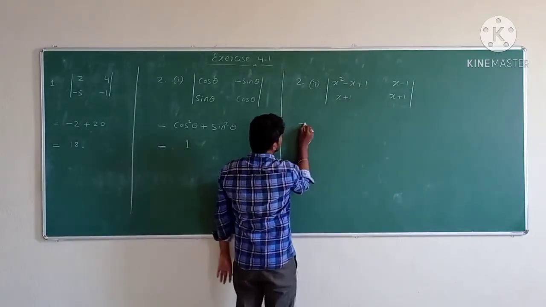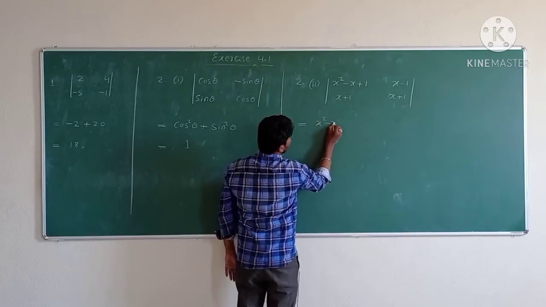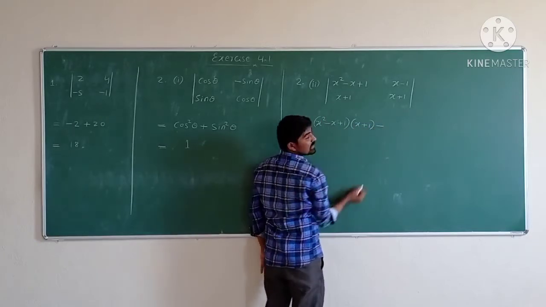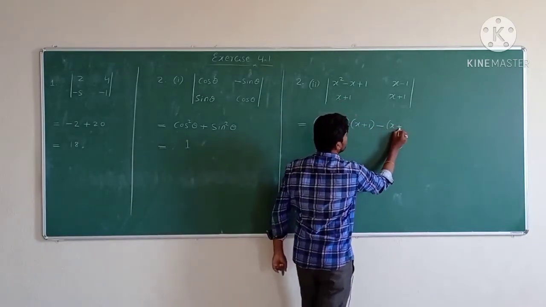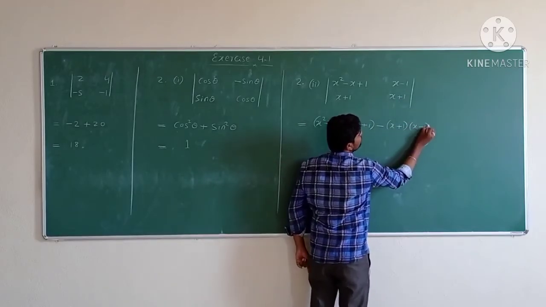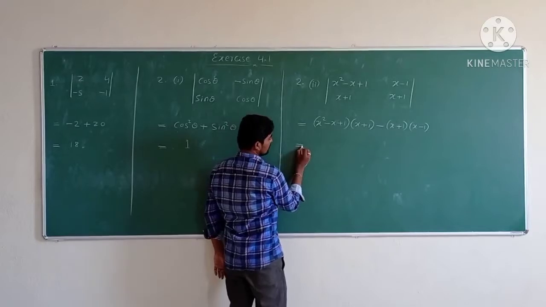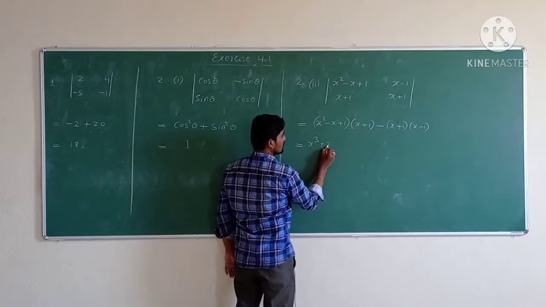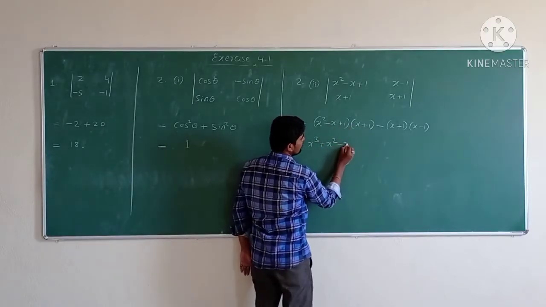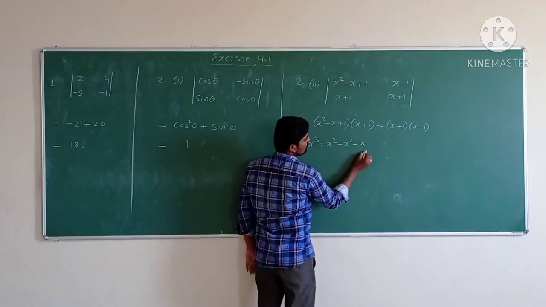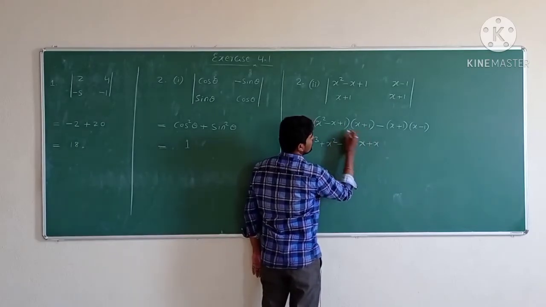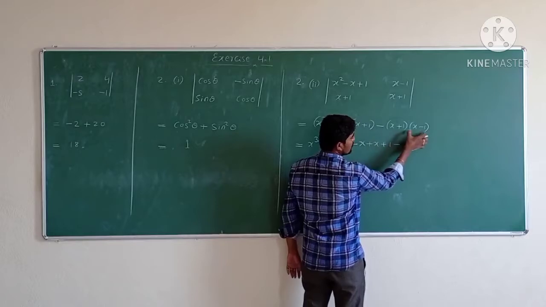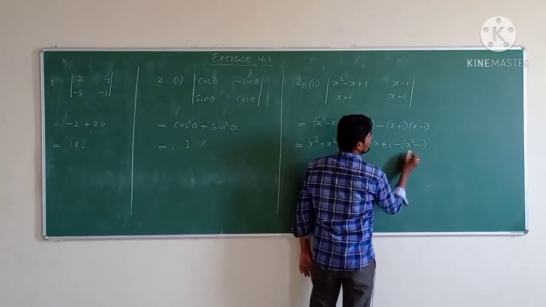So again you know, x square minus x plus 1 into x plus 1, minus x plus 1 into x minus 1, which is equal to x square into x plus x square into plus 1, plus x, and so on, and x minus 1 times x plus 1, x square minus 1, the formula for a plus b into a minus b.